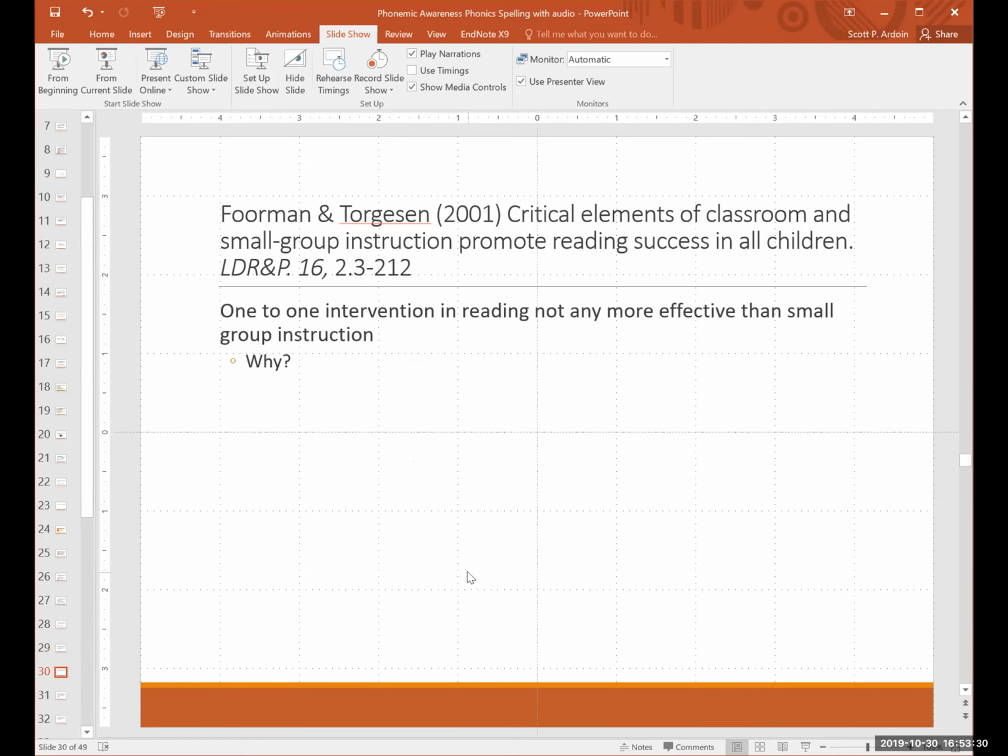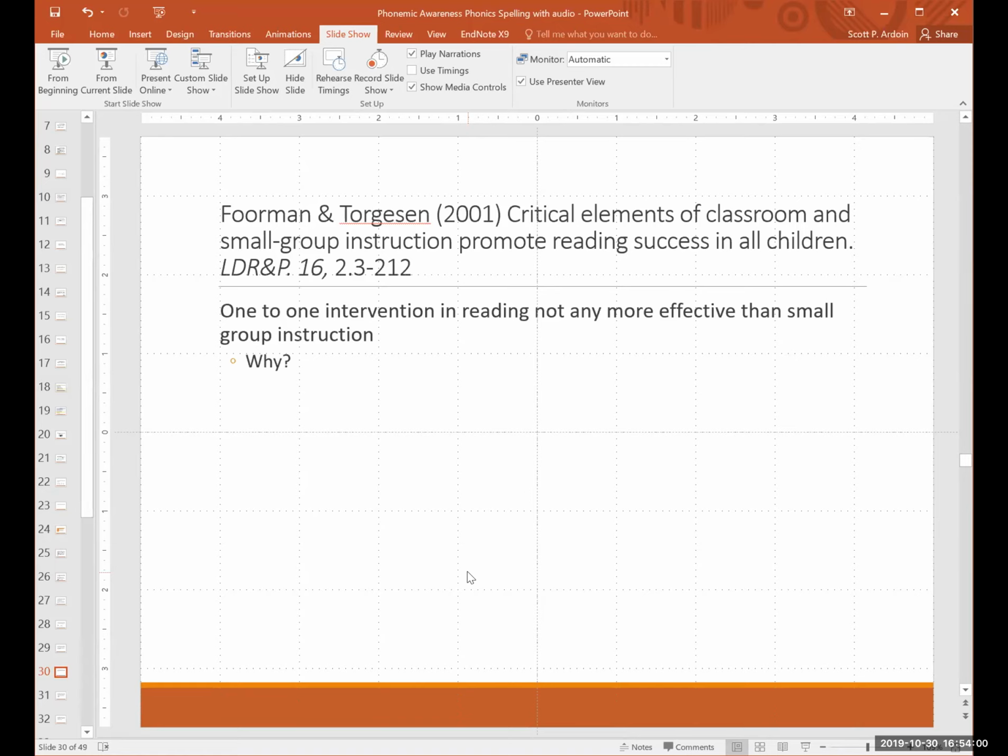So one of the things that is also discussed in the Foreman-Torgerson article is that one-to-one reading intervention may not necessarily be more effective than small group instruction. There haven't been that many studies that tell us why exactly one-to-one intervention is not any better than small group instruction.